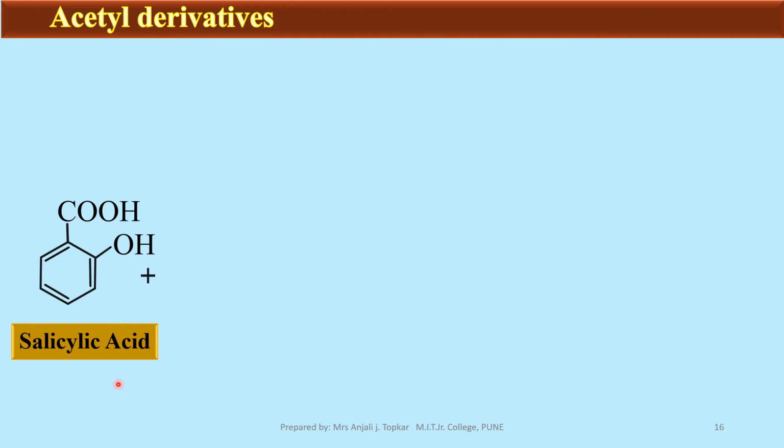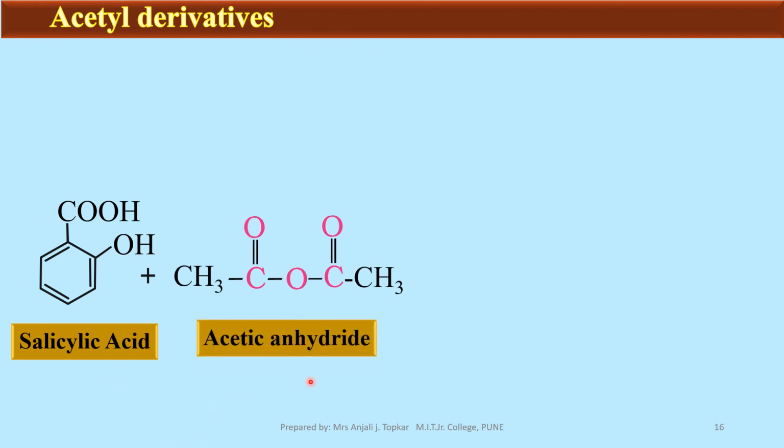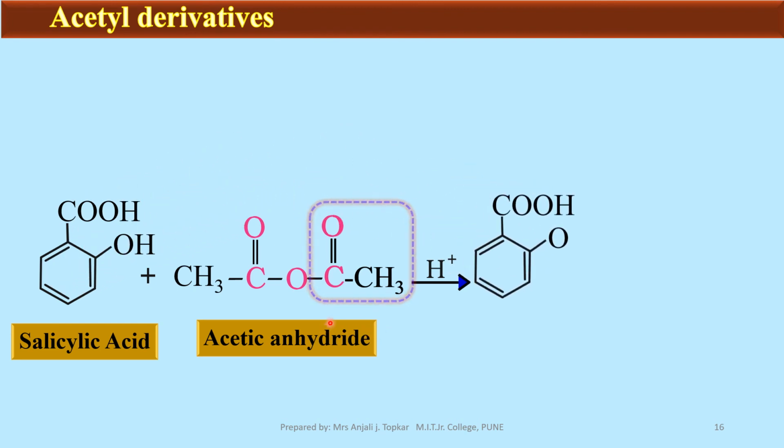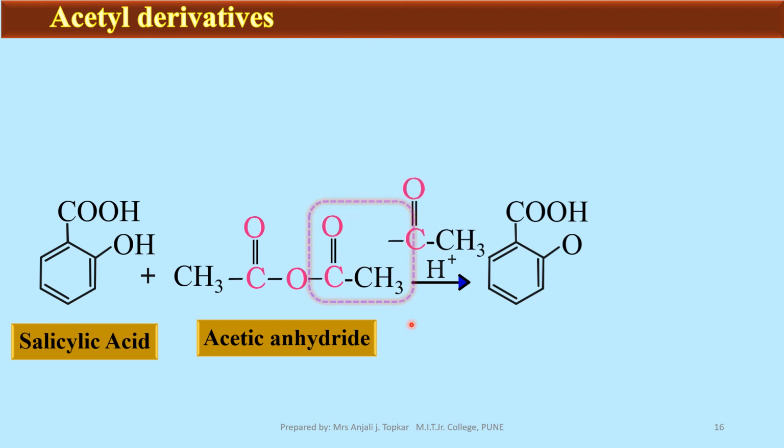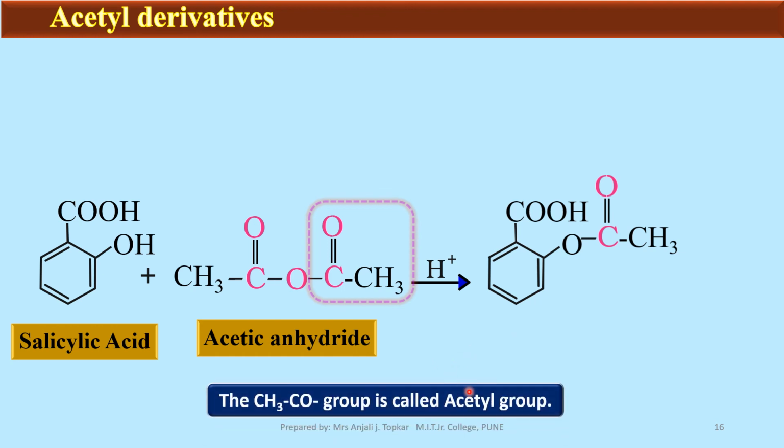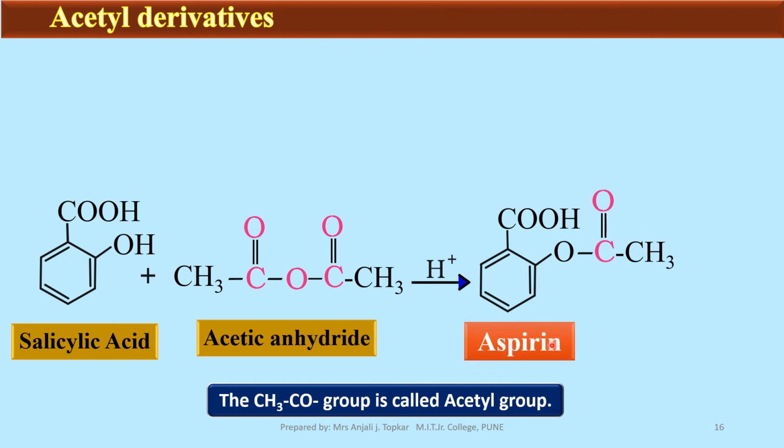When salicylic acid is treated with acetic anhydride in the presence of acid, we find here a benzene ring with COOH, and the oxygen atom is moved here, and this acetyl group gets bonded to this oxygen atom to form acetyl salicylic acid, or it is also said to be aspirin.